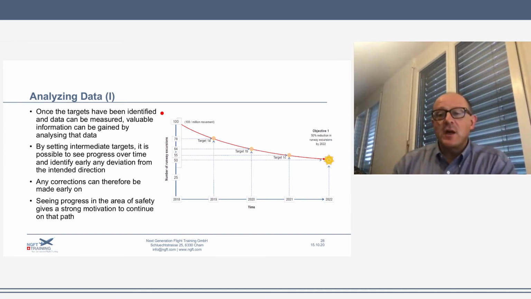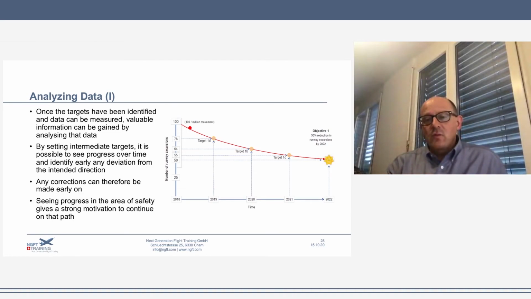All right, so let's see here. Once we have started with the system, once we have the data, we have collected it, we need to analyze it. So you see that this target is achieved, that target is achieved as well. Okay, so that's the safety objective.